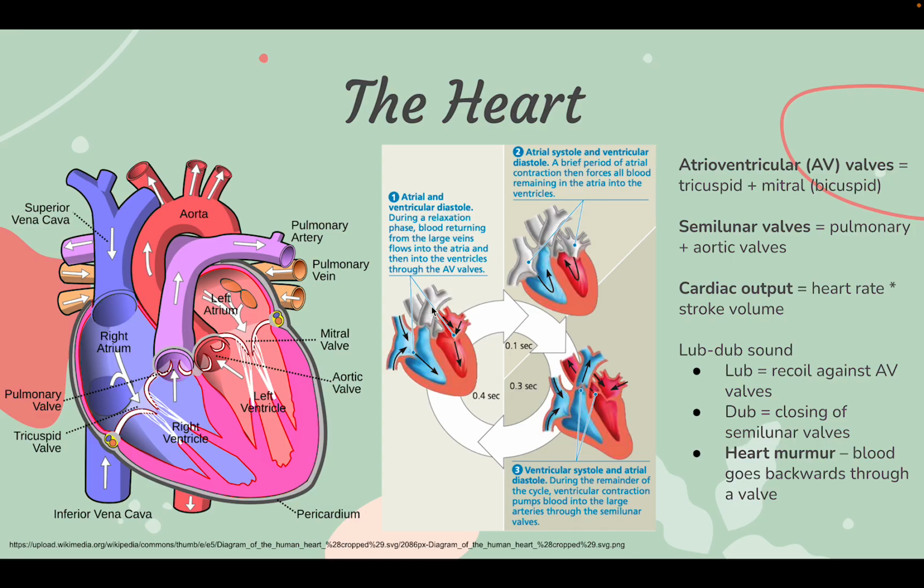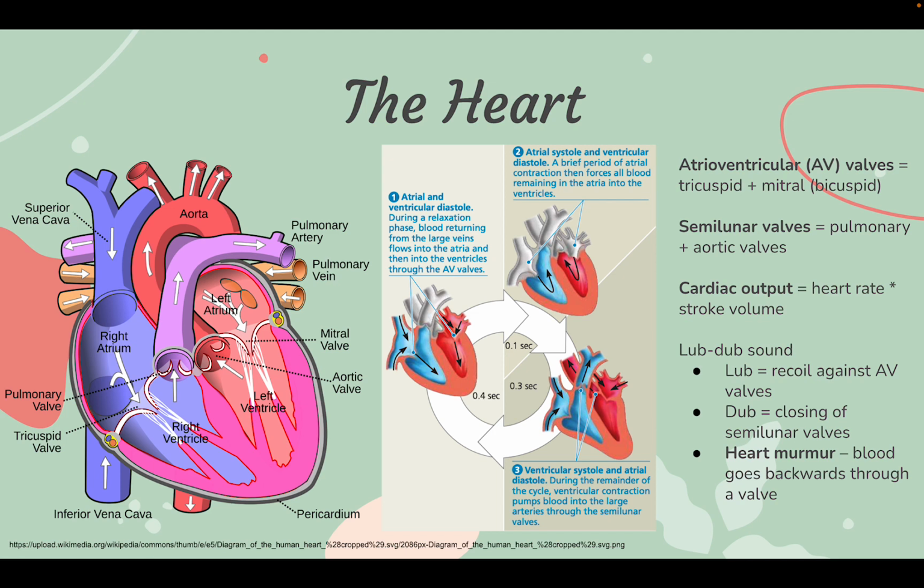So just a little bit more about the heart. I talked about how it moves through everything via pumping. So we have what we call a cardiac cycle, which is this cycle of pumping and relaxation that makes sure blood goes where it needs to go. Diastole is relaxing of the muscles.